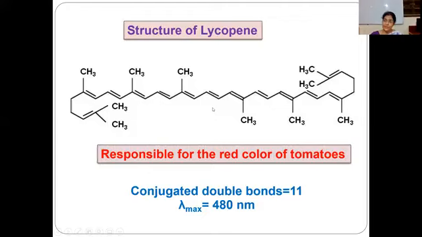But since the structure of lycopene has 11 conjugated double bonds, and for every conjugated double bond there is an increase of approximately 30 to 40 nanometer, this compound shows absorption in the visible region.